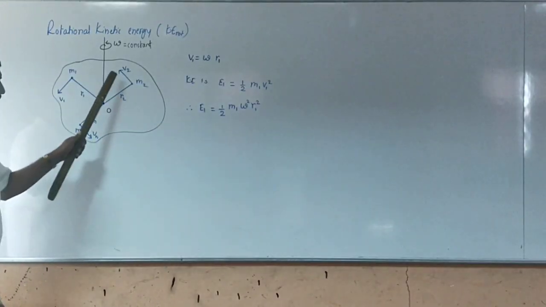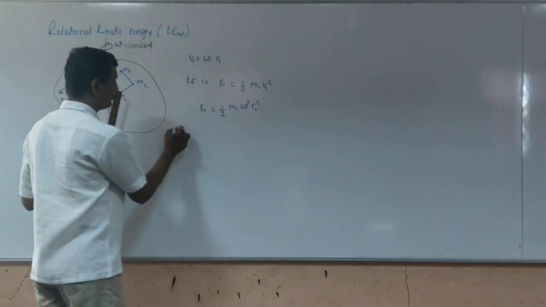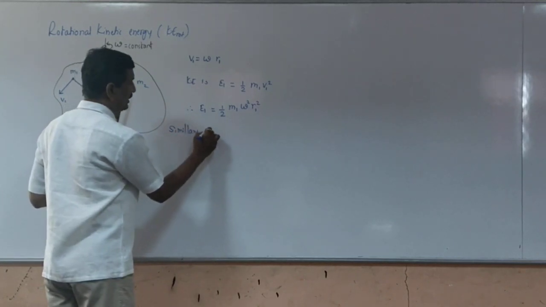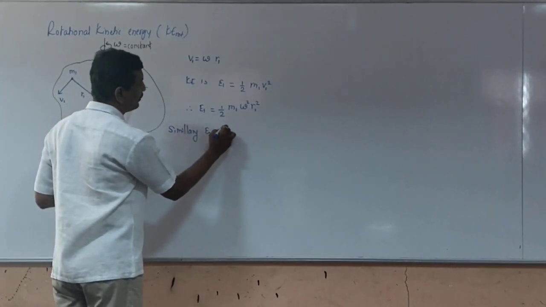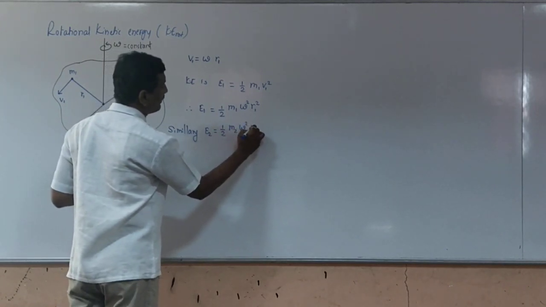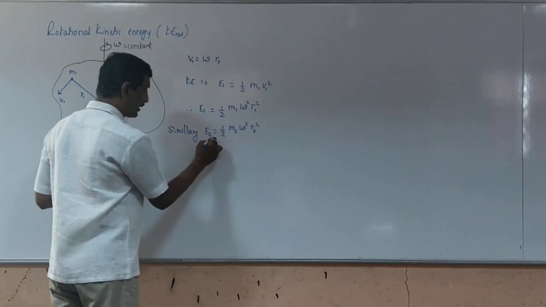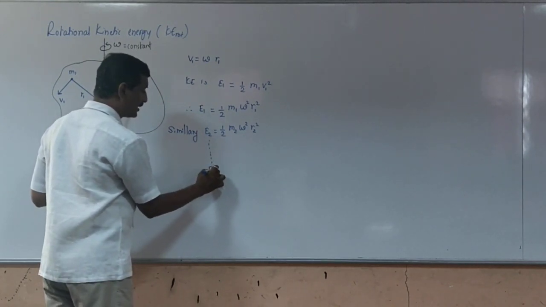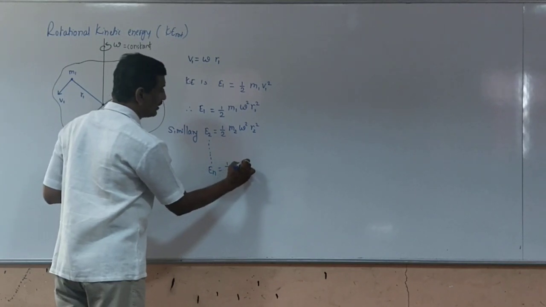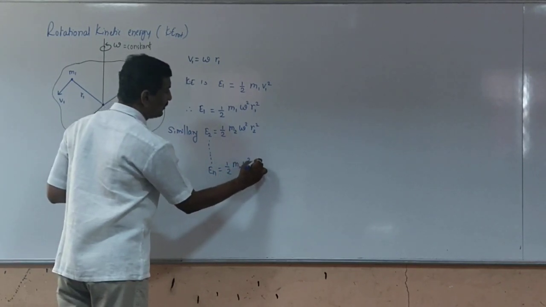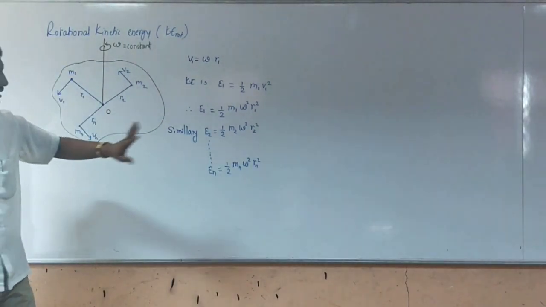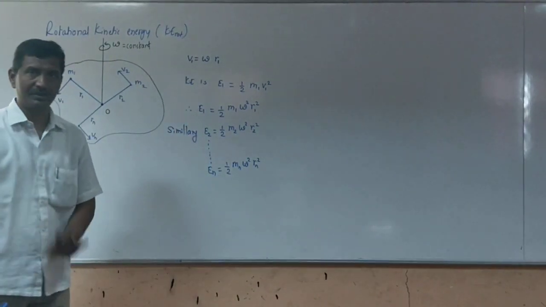Similarly, what is the kinetic energy of the second particle? It is E2, 1 upon 2 m2 omega square into R2 square. Similarly, the kinetic energy of the last particle is 1 upon 2 mn omega square into Rn square. So every particle possesses its own kinetic energy.